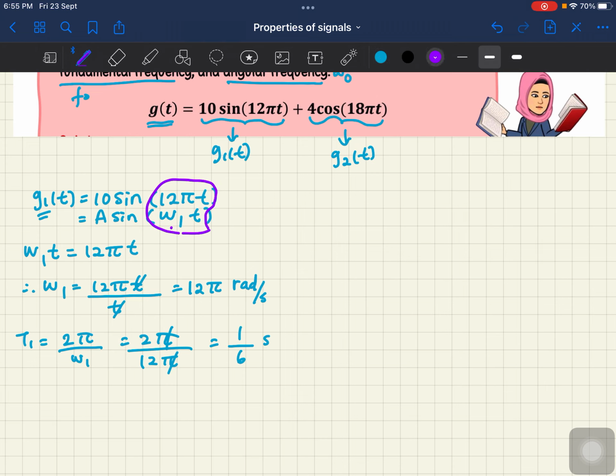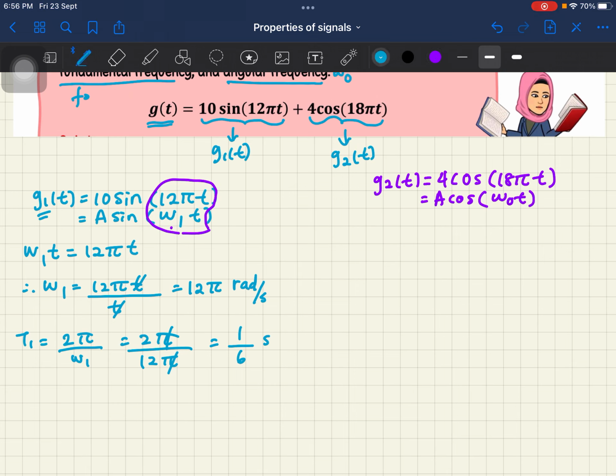Let's do the same for g2. If we write it back, g2 of t equals 4 cosine 18 pi t. Next we write the general equation of a cosine function, which is a cos omega naught t. Again we make the terms in the bracket equal so that we can calculate omega 2.